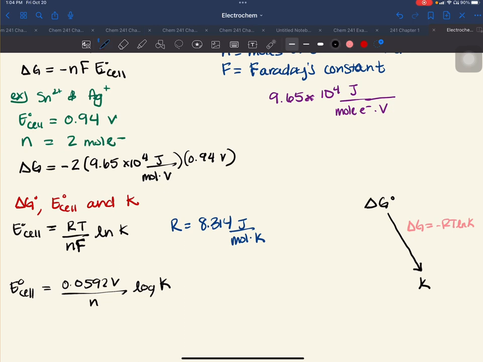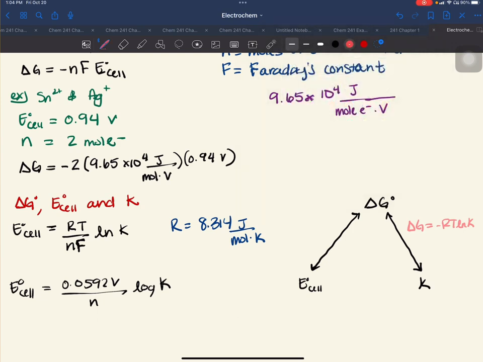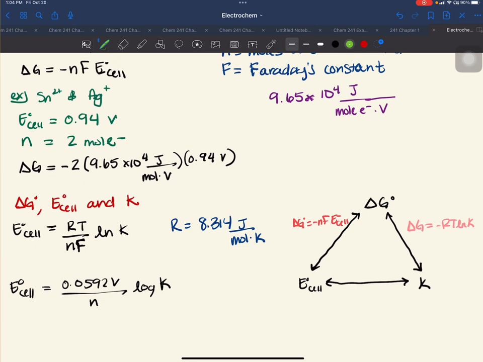And then I can go between delta G and E cell using delta G is equal to negative NF E cell. And then I can go between E cell and K using what we just learned. E cell is equal to RT over NF natural log of K.